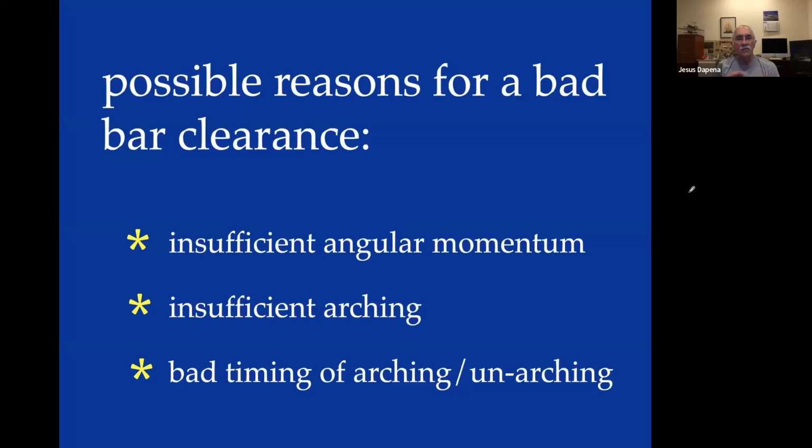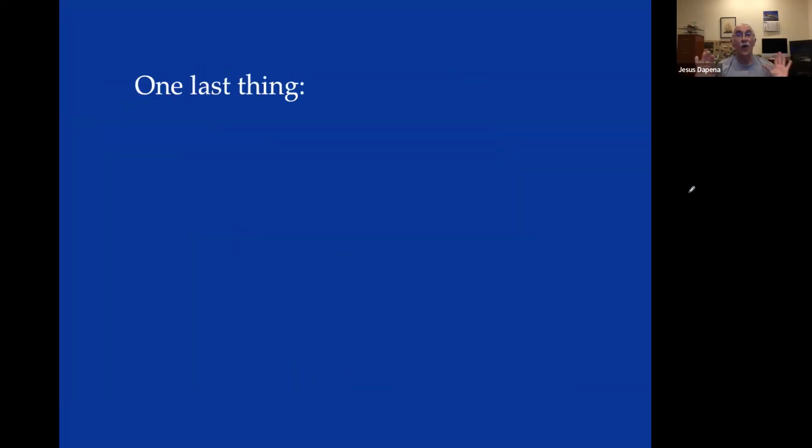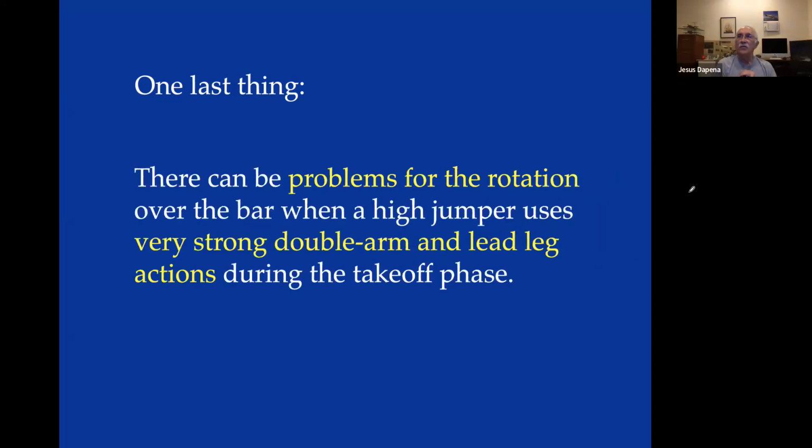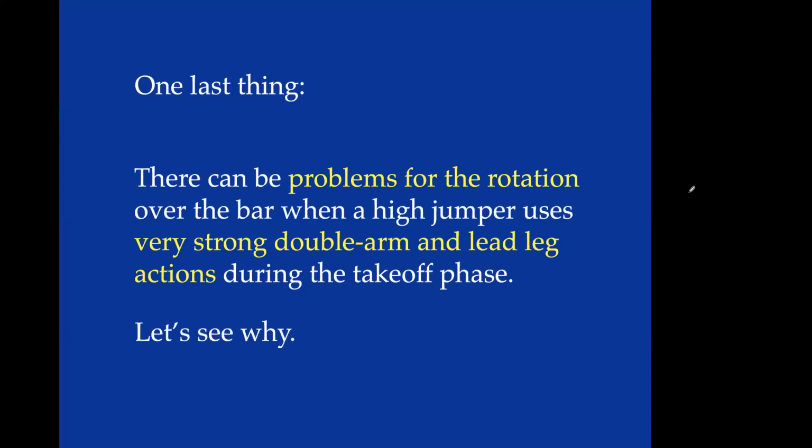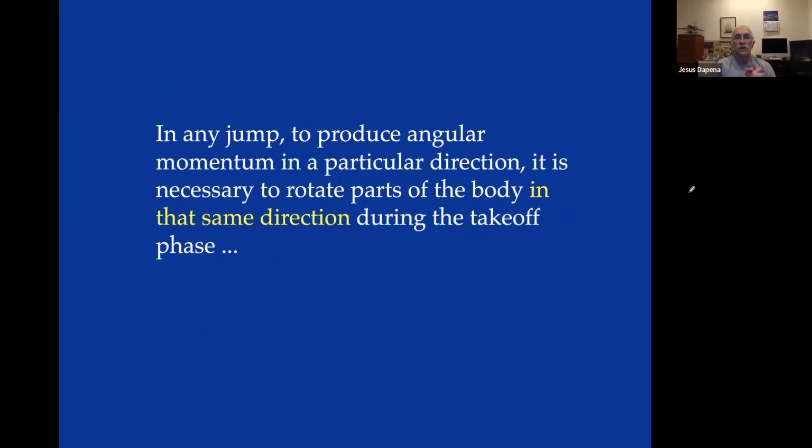Okay, so now there's one last thing. We're almost at the end. There can be problems for the rotation over the bar when the high jumper uses very strong double arm and lead leg actions during the takeoff phase. We're going to see why that is. In any jump, to produce angular momentum in a particular direction, it's necessary to rotate parts of the body in that same direction during the takeoff phase.